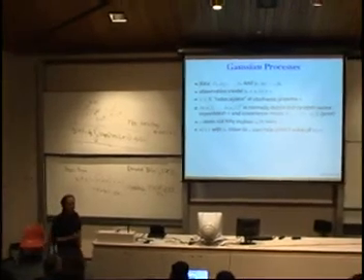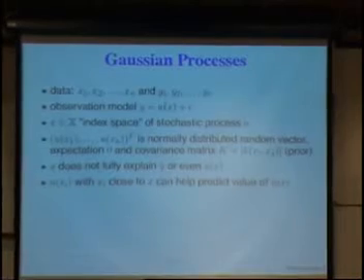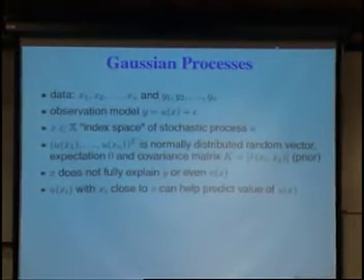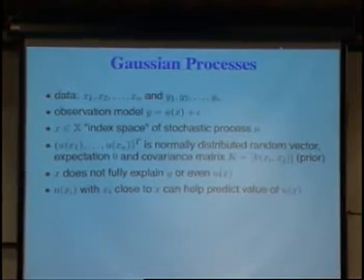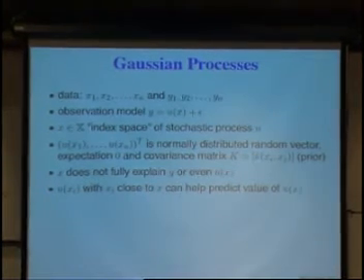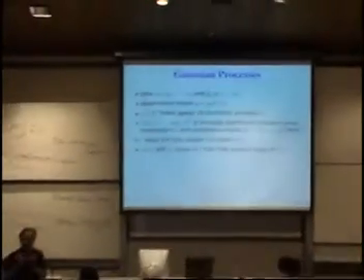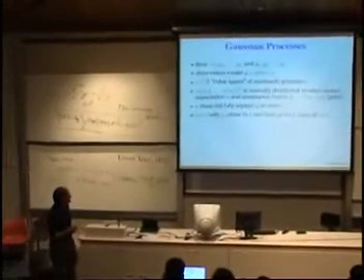But now remember we were talking about smoothness of our functions before. The smoothness we now encode in a covariance matrix, in that we say that random variables at points x which are close by are correlated.